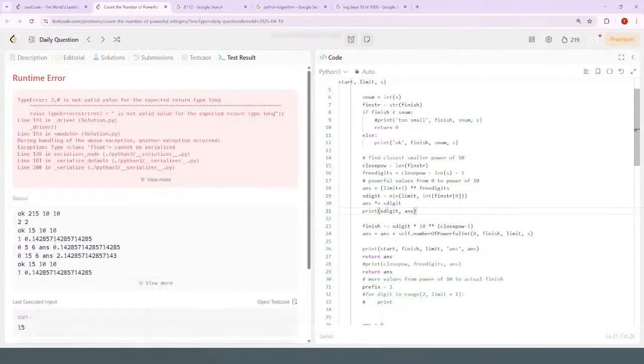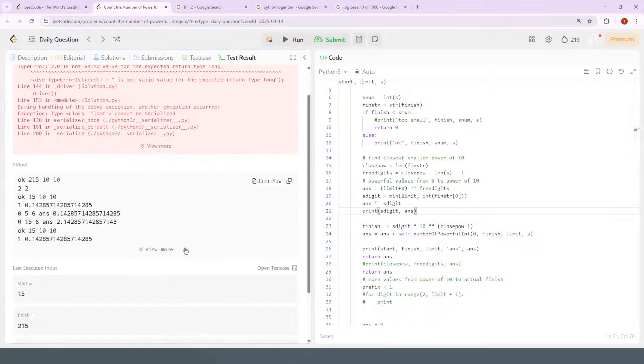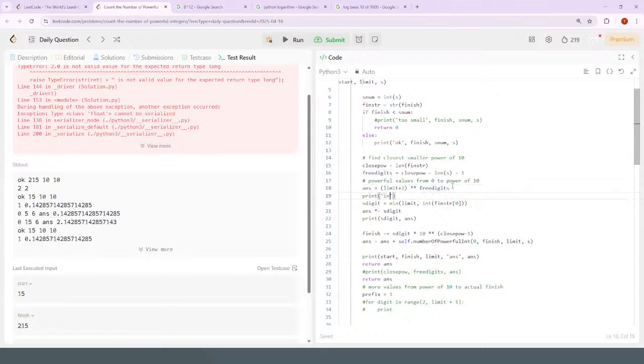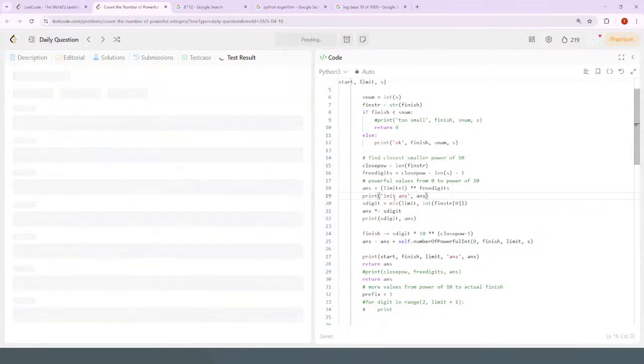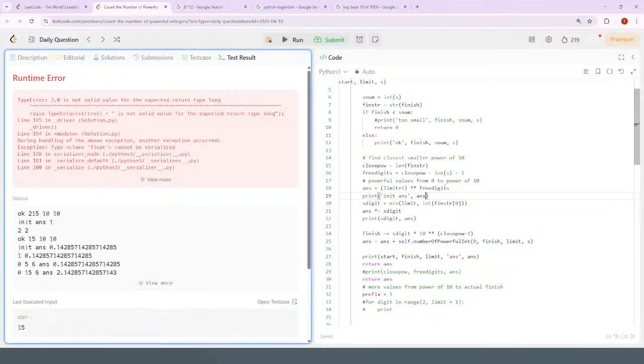Some garbage here. Okay, so it does become garbage right here. Because the number of digits is 1. And then the answer is, okay, it's right here. It's right there.